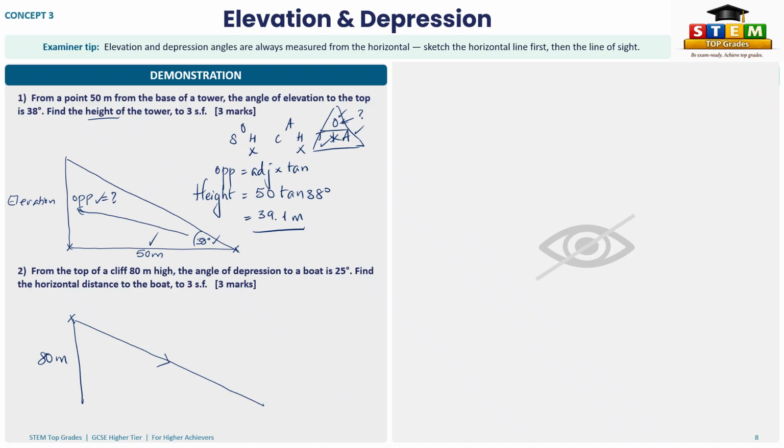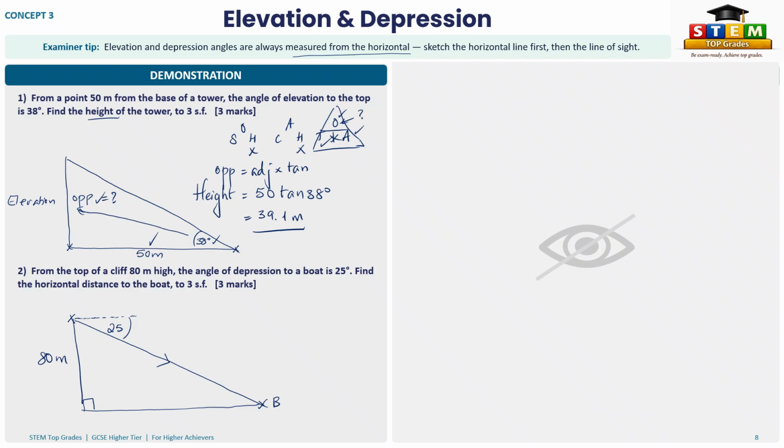We've got a boat, let's call that boat B, and let's say this is the sea level there. We're assuming that is going to be a right angle triangle. So remember, you ought to be drawing a horizontal line. Angle is measured from the horizontal, so that's 25 degrees below the horizontal.